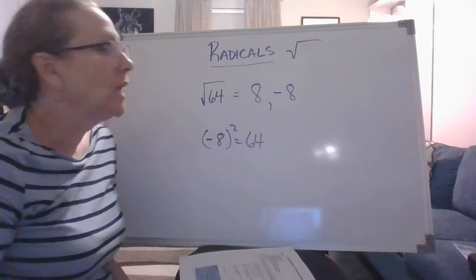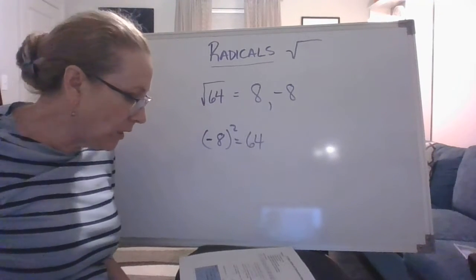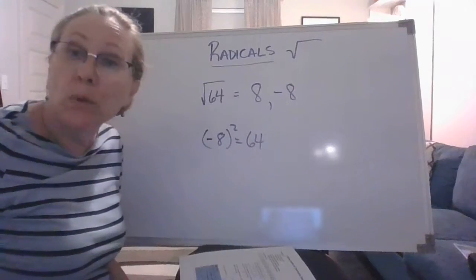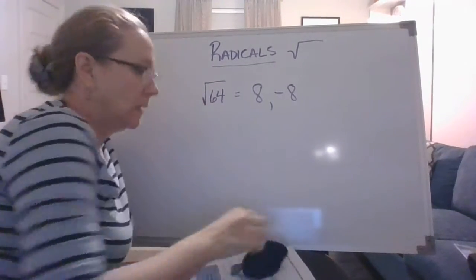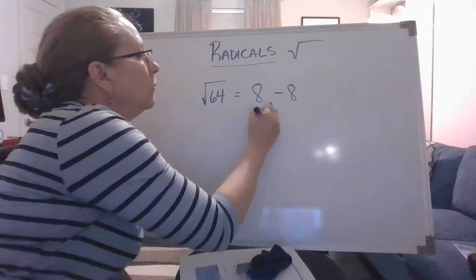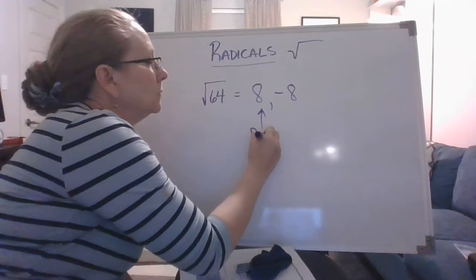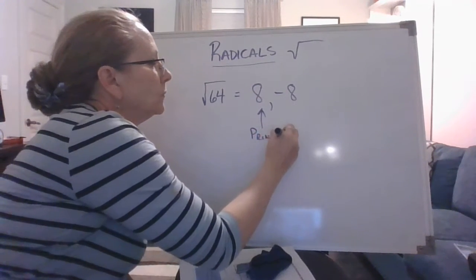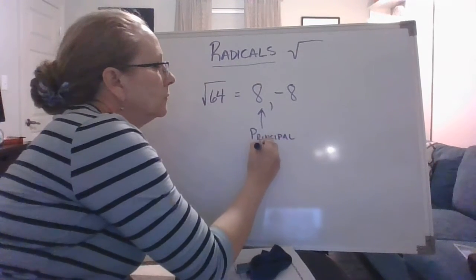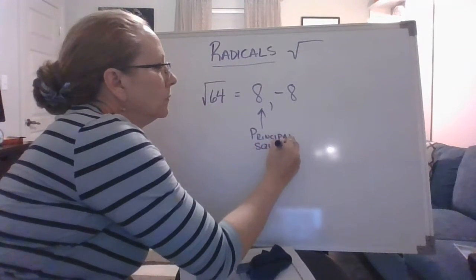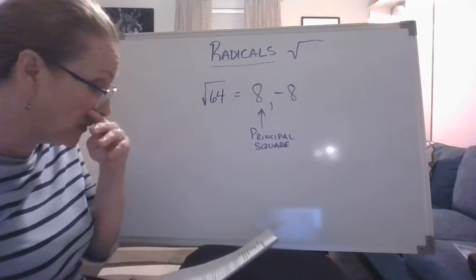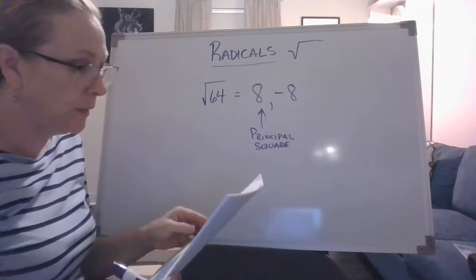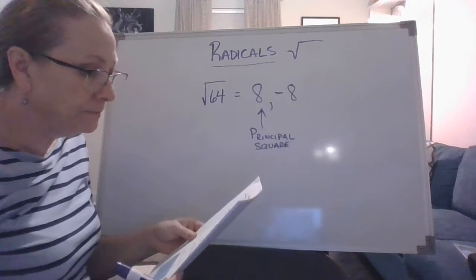It is. However, we're going to be talking about finding the principal square root. And this is the principal square root. So that is the most common. However, if you're just asked for a square root, there are two.